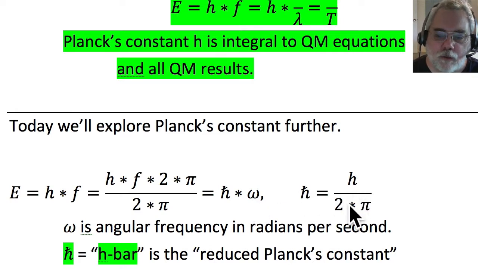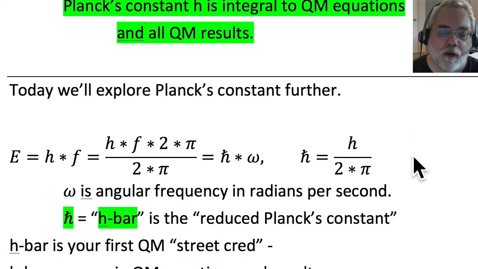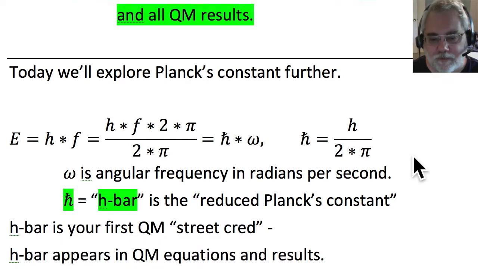H bar is h over 2 pi. Colloquially it's called h bar. Technically it's called the reduced Planck's constant, but quantum mechanics just calls it h bar. This is your first bit of quantum mechanics street cred. You don't have to remember the formula for h bar, but remember that there is a thing h bar.